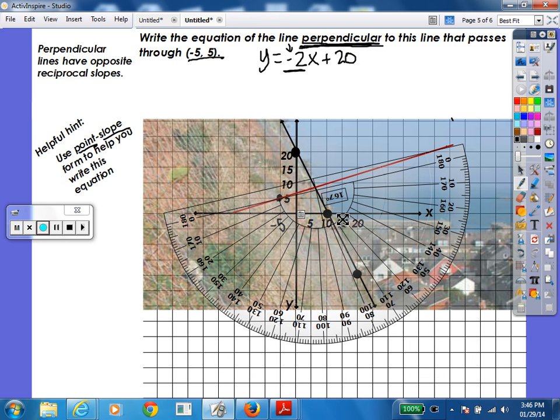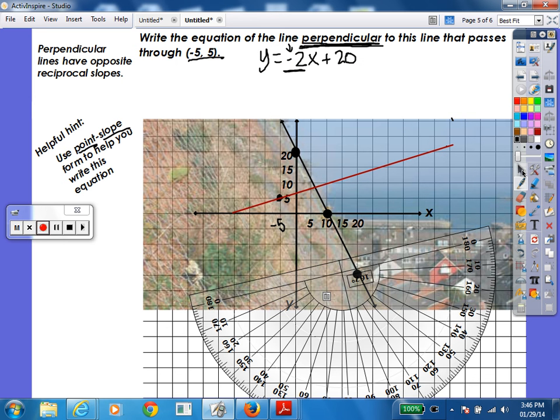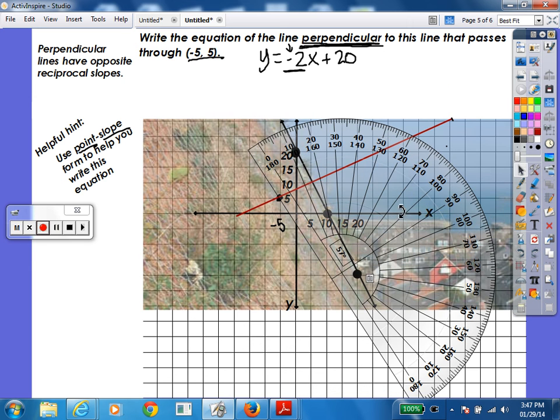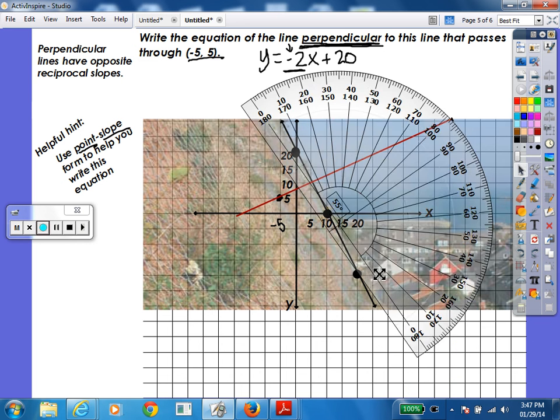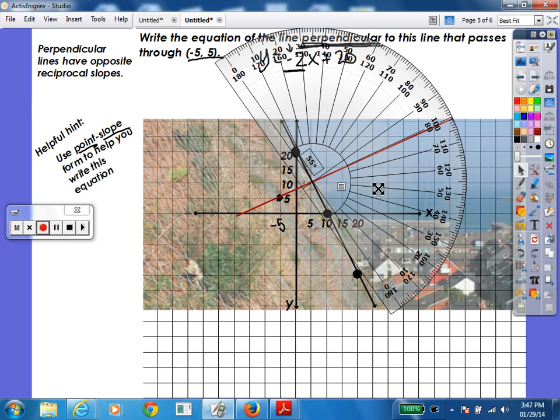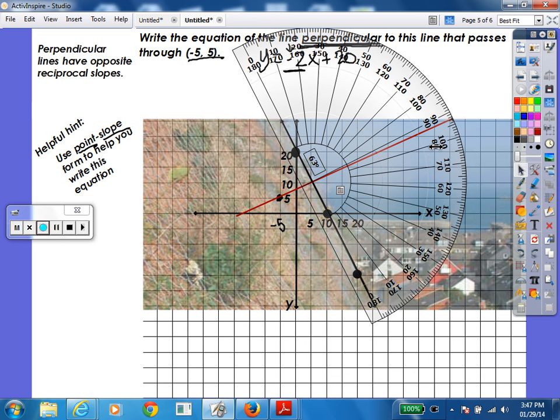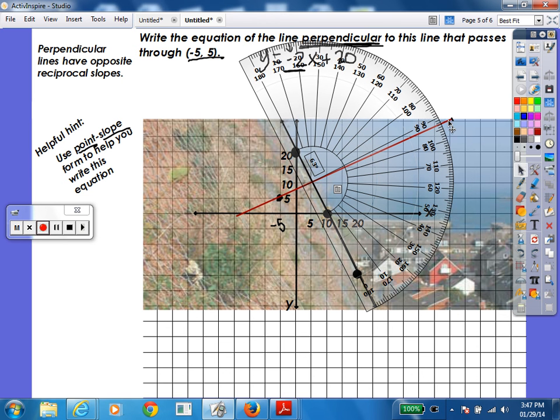But let me move this line a little bit so that it is 90 degrees, so you can see how you can do the shortcut, because I certainly don't expect you to use a compass all of the time to determine whether you have perfect perpendicular lines or not. So I'm not quite there yet.